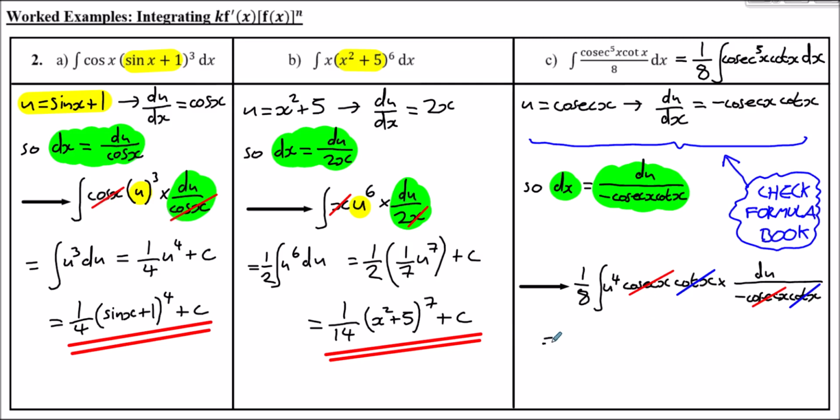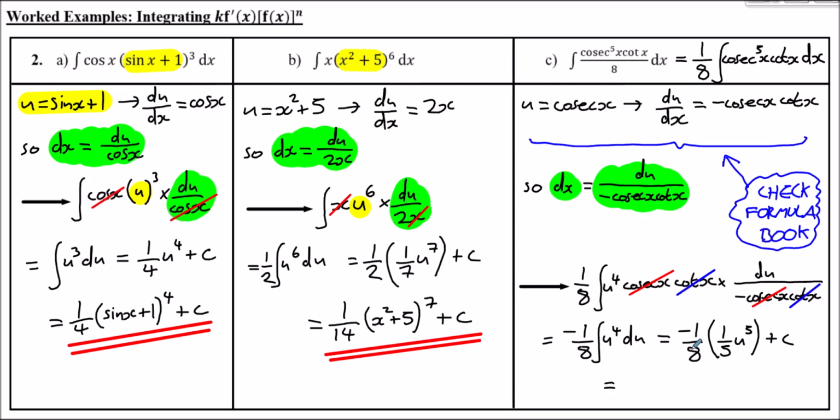So I'm going to get minus 1/8, then it's going to be the integral of u to the 4 du. It's got minus 1/8. u to the 4 would integrate to a fifth u to the 5, of course, plus c.